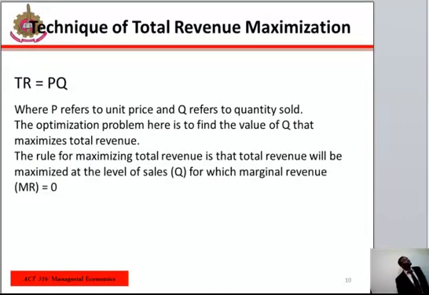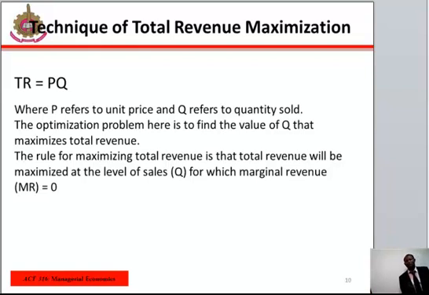Techniques of total revenue maximization. As discussed at the beginning of this study session, total revenue can be defined as total revenue is equal to price multiplied by quantity, where P is the unit price and Q refers to quantity sold. The optimization problem here is to find the value of Q that maximizes total revenue.